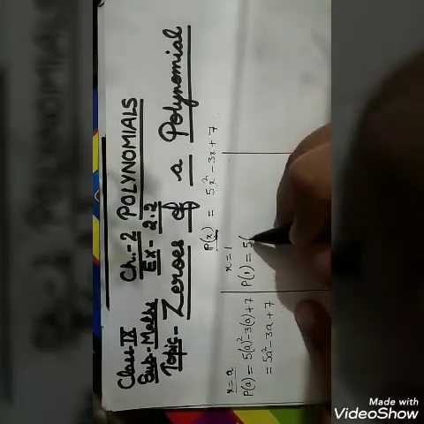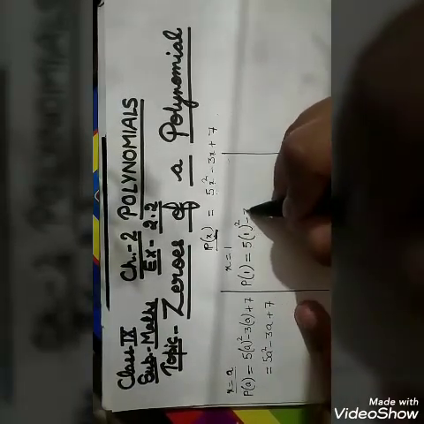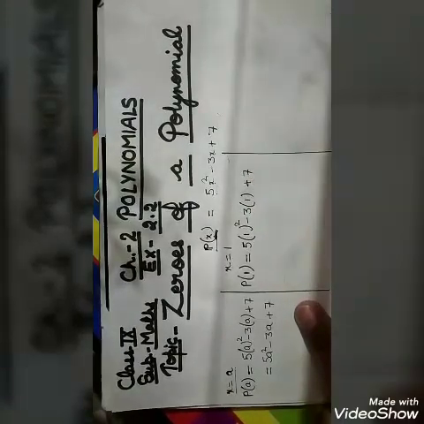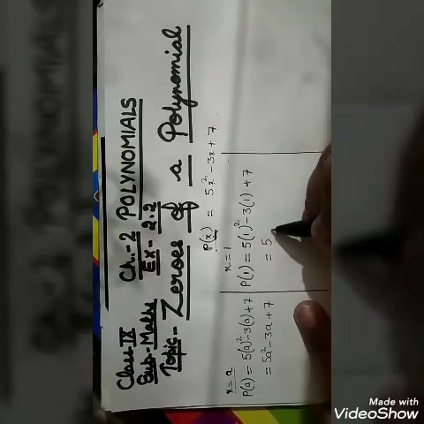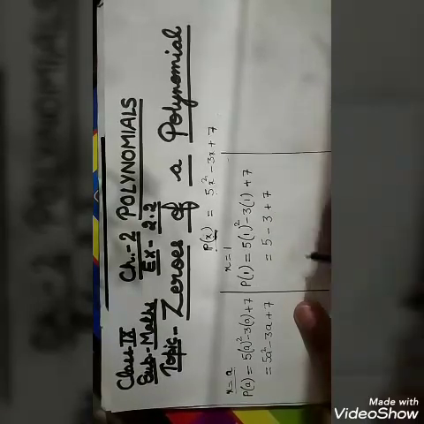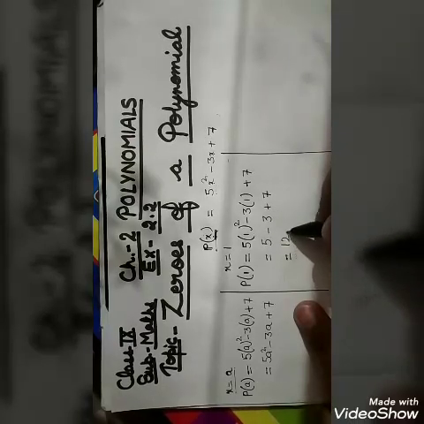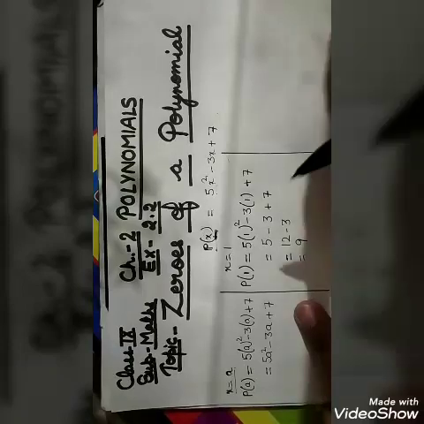So we get 5 into 1² - 3 into 1 + 7. That gives 1² is 1, and 5 into 1 is 5, 5 - 3 + 7, that is equal to 12 - 3, that is 9.